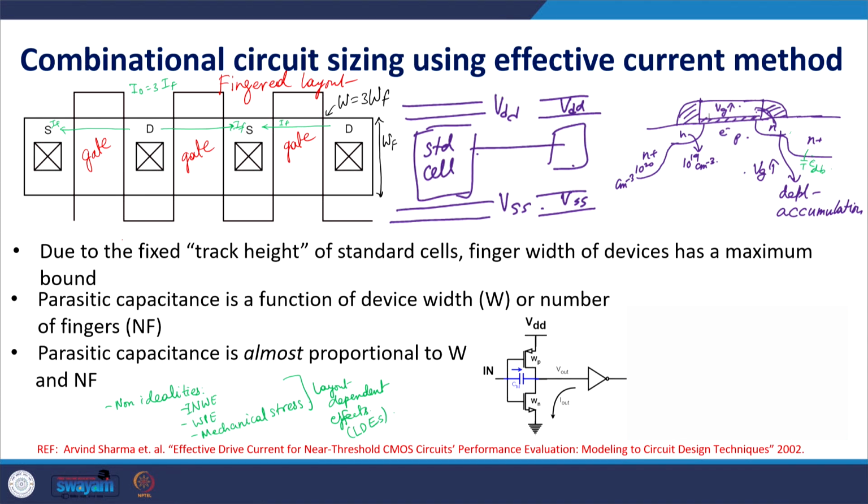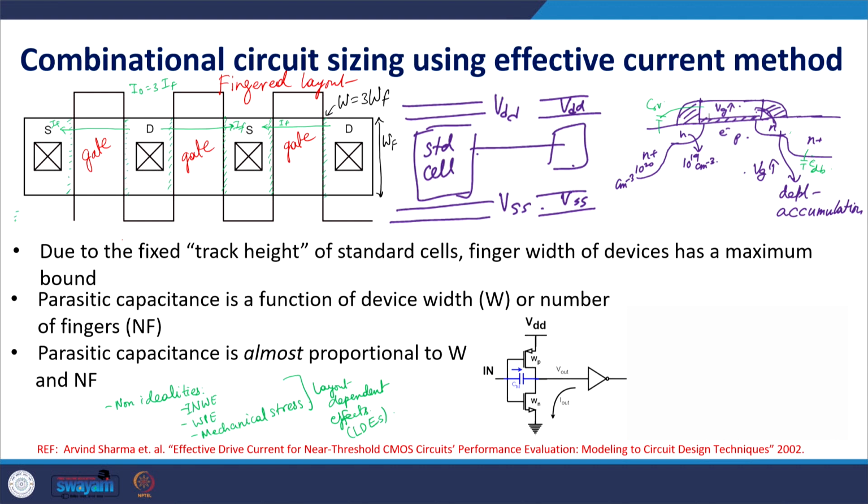Likewise, you have overlap capacitance from the gate to the source or drain. This is because of fringing fields in the spacer. Where is the spacer? This is the spacer that we have drawn. So, you have a spacer on both sides here, here, here and here.